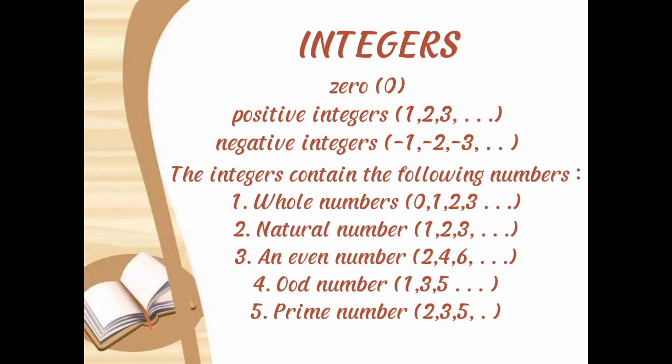Fourth, odd numbers, which are not divisible by 2 or have a remainder, such as 1, 3, 5, and so on. Fifth, prime numbers, which are natural numbers that are only divisible by 1 and the number itself, for example 2, 3, 5, and so on.